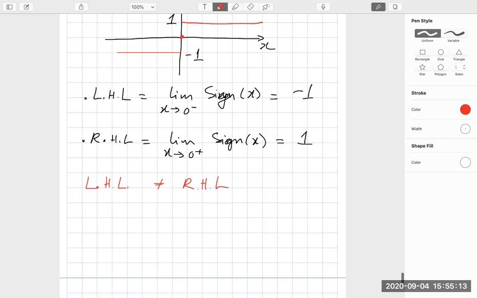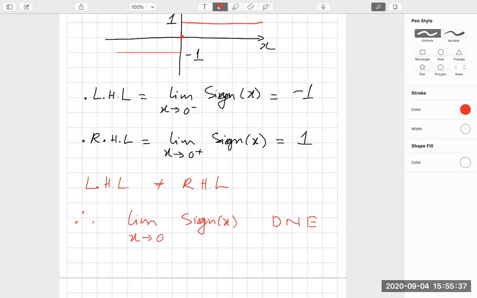Therefore, the limit of this function when x approaches 0 does not exist.